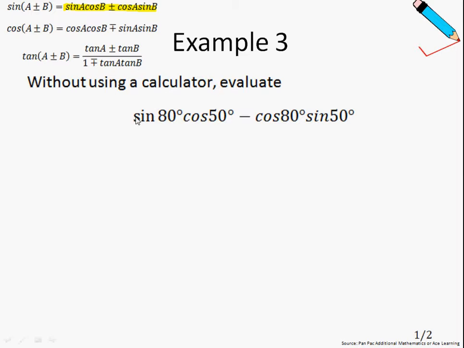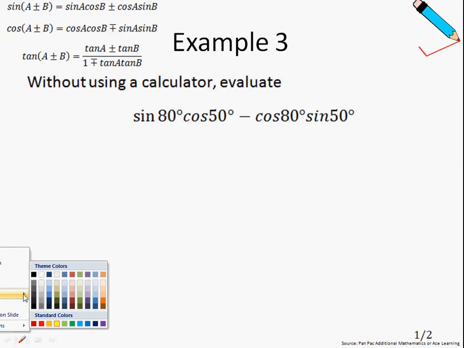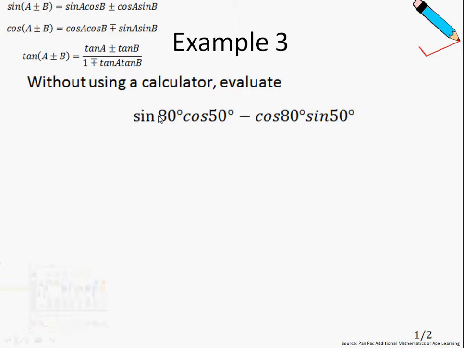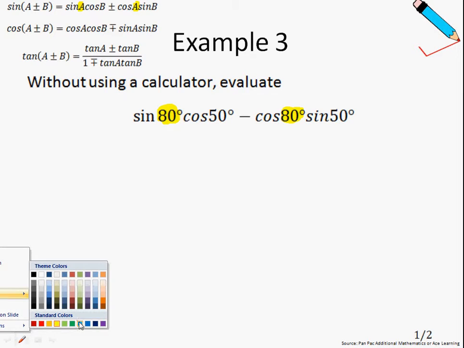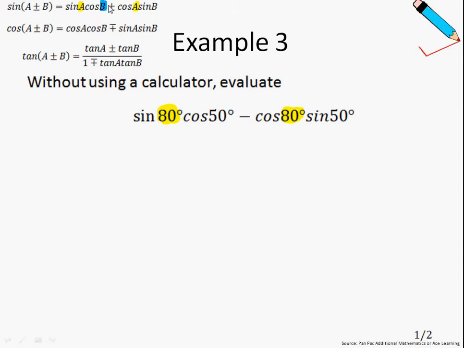So we will go ahead to identify our A, which is 80 degrees, and let me highlight all the A, and my B to be 50 degrees.